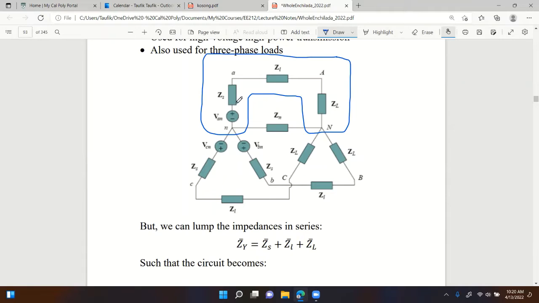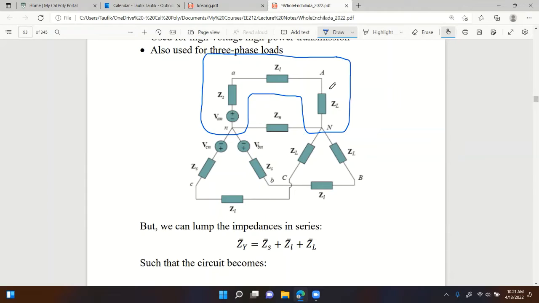Now, if I box in phase A only, you can see that for each phase, you have the source, VAN. Why VAN? Because we have phase A to N, which is the neutral point. The source itself has its own impedance, call it Z of S, source impedance.